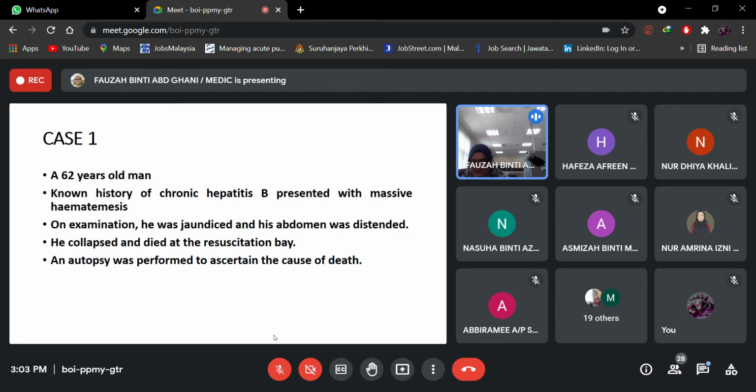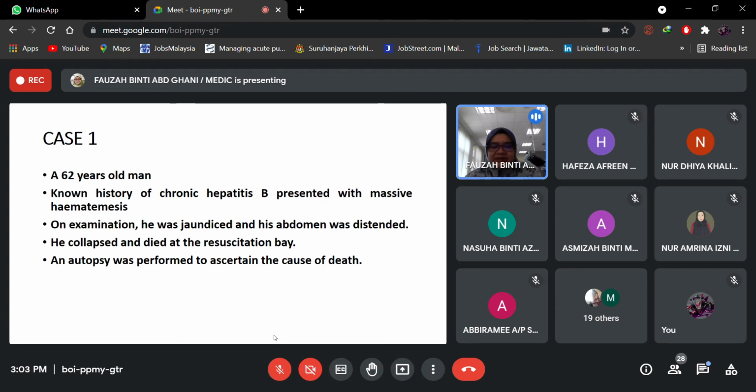Can you sort of tie things together? How can you tie in some of the presentations with the underlying history at this point in time, even before you see the macroscopic and microscopic and the rest?